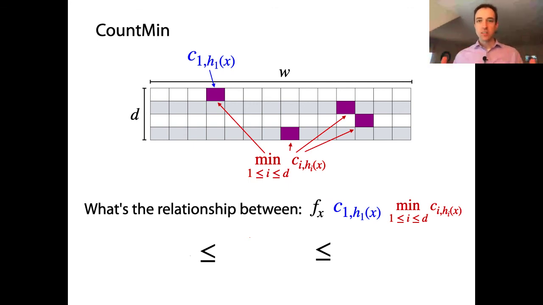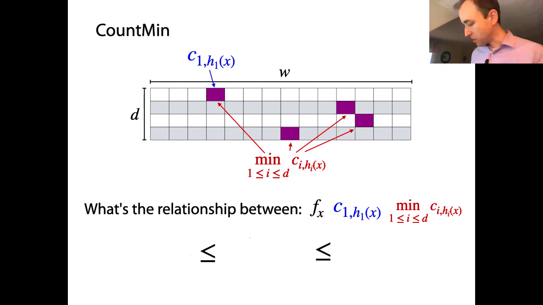So collisions can only make the estimate for x go up, right? Collisions can only fool us into thinking that the count is higher than it really is. Okay? So since these over here are just estimates that are affected by collisions, this is going to be less than or equal to either of these 2 things.